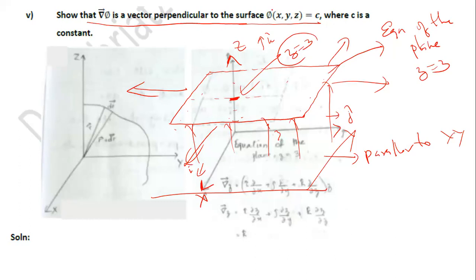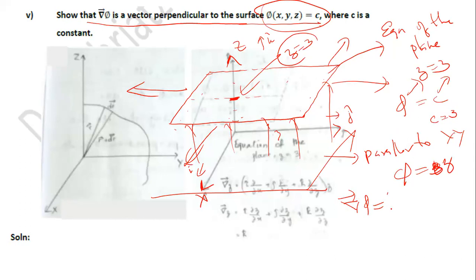If you compare with phi equal to c, here your phi is z and your c is 3. Now if you take the grad of this, grad phi will be i del upon del x plus j del upon del y plus k del upon del z.